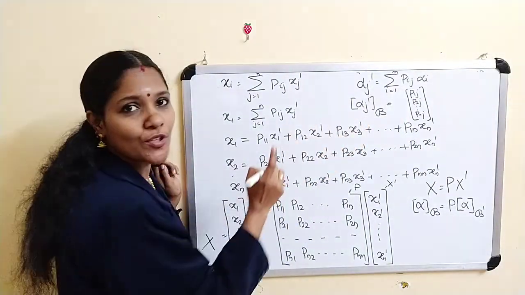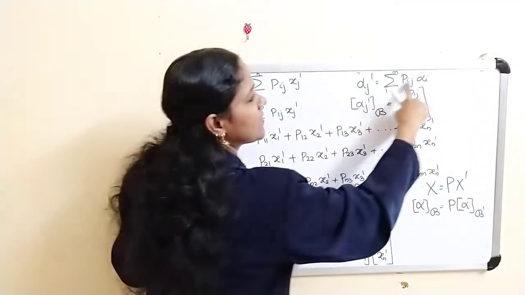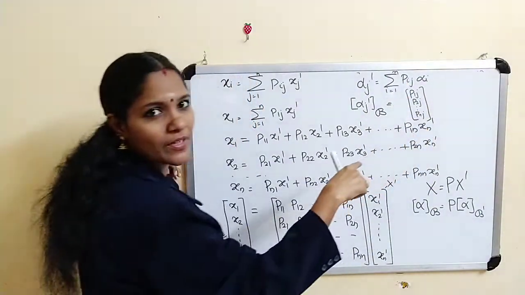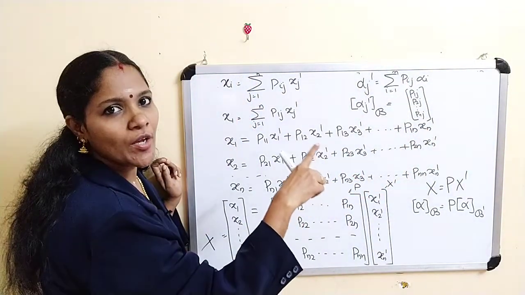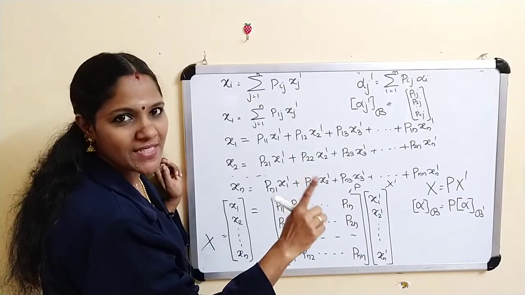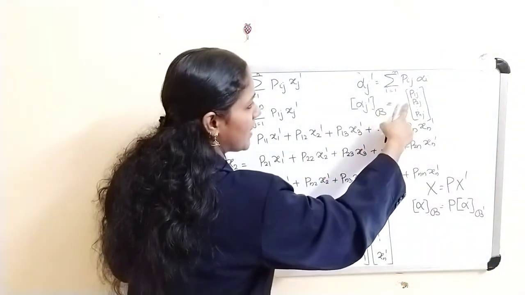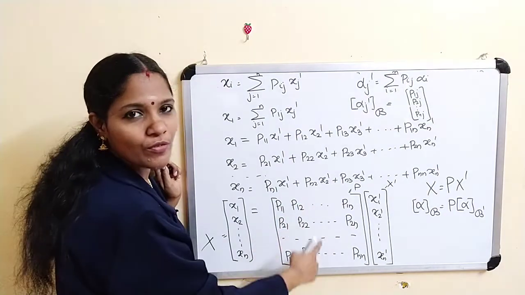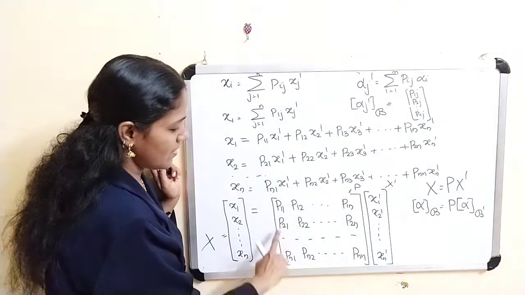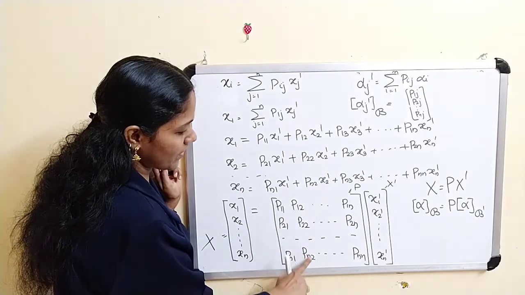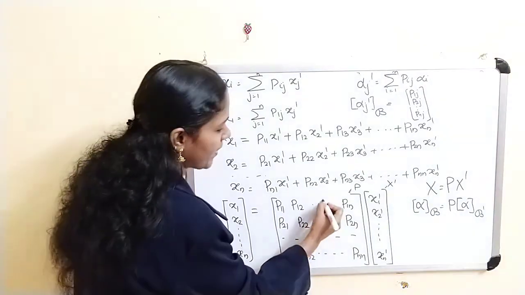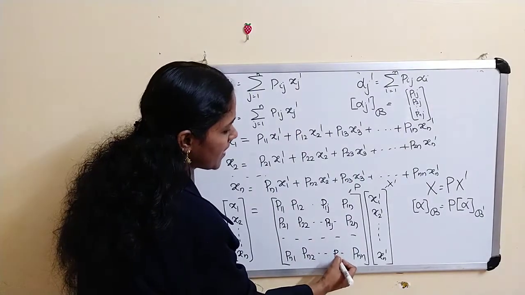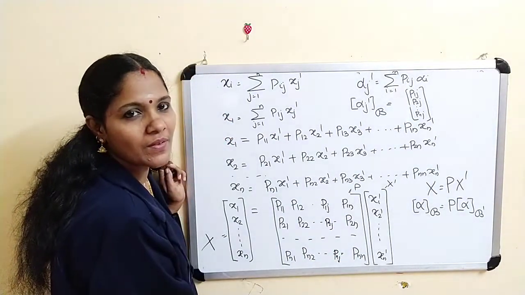Alpha j dash related to the basis B is this representation, and you take the coefficients. So P1j, P2j, etc., Pnj. If you look at this element, this is clearly the jth column of this matrix. Clear? What about the jth column? P1j, P2j, etc., Pnj. Okay.